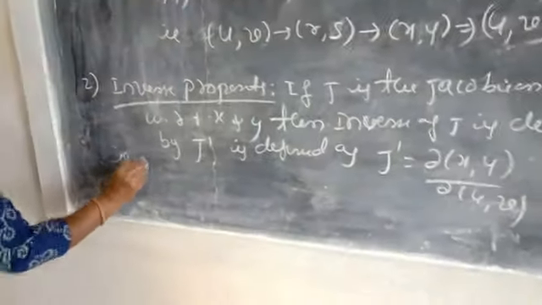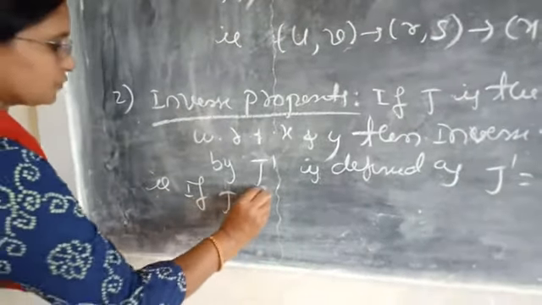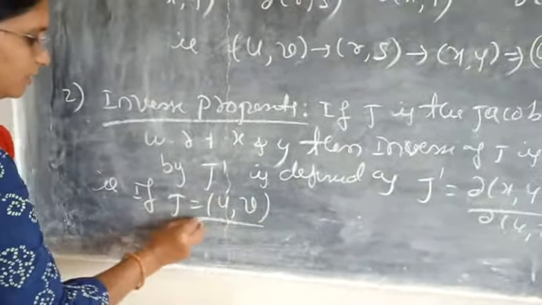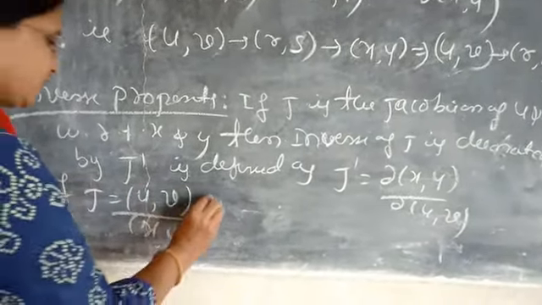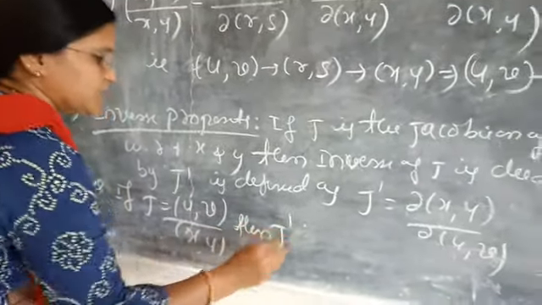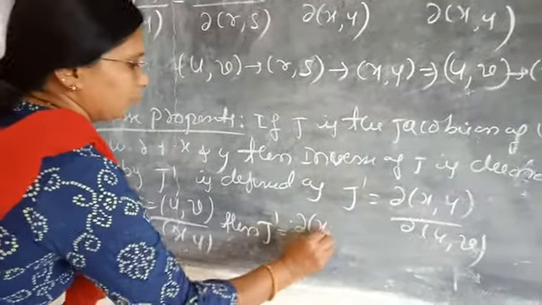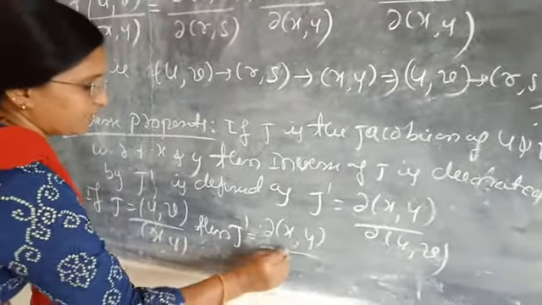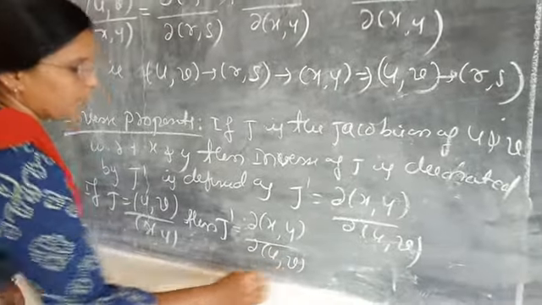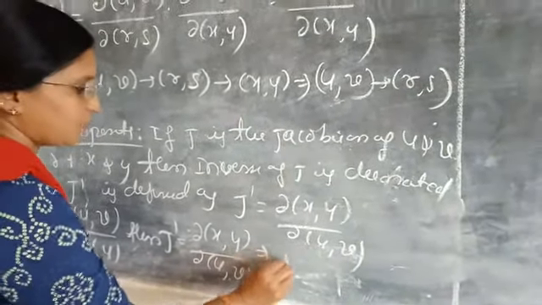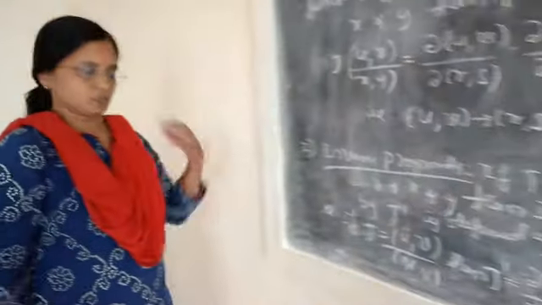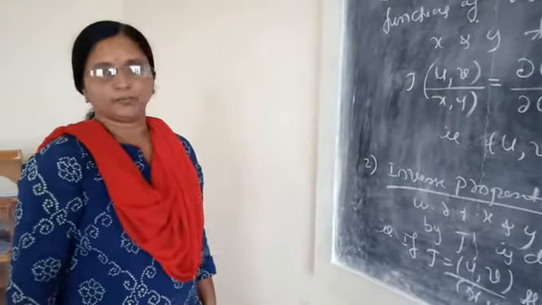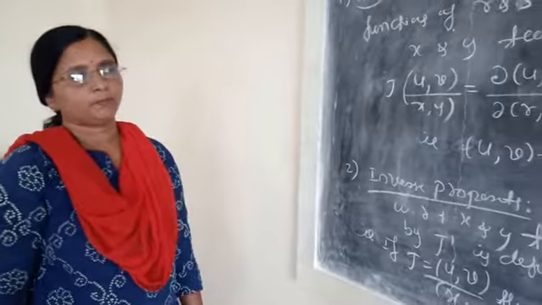That is, if J = ∂(u,v)/∂(x,y), then its inverse J' is equal to ∂(x,y)/∂(u,v), and this implies their product J into J' is equal to 1. This is known as the inverse property of the Jacobian.